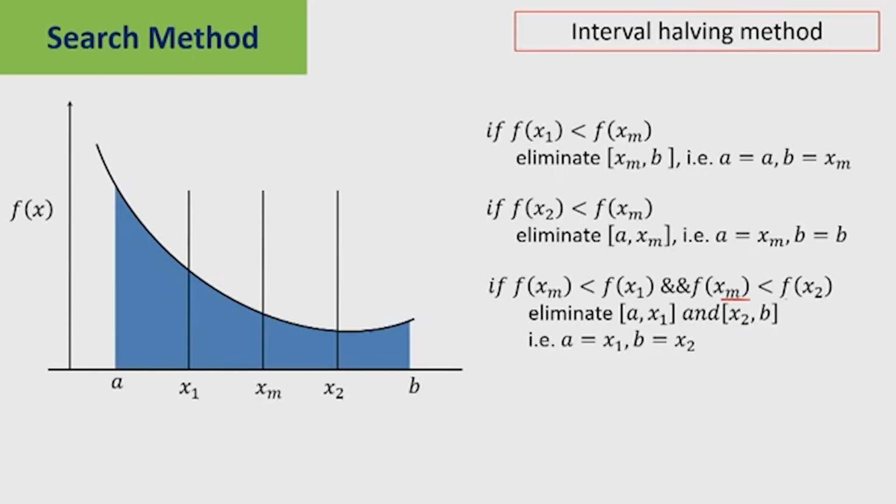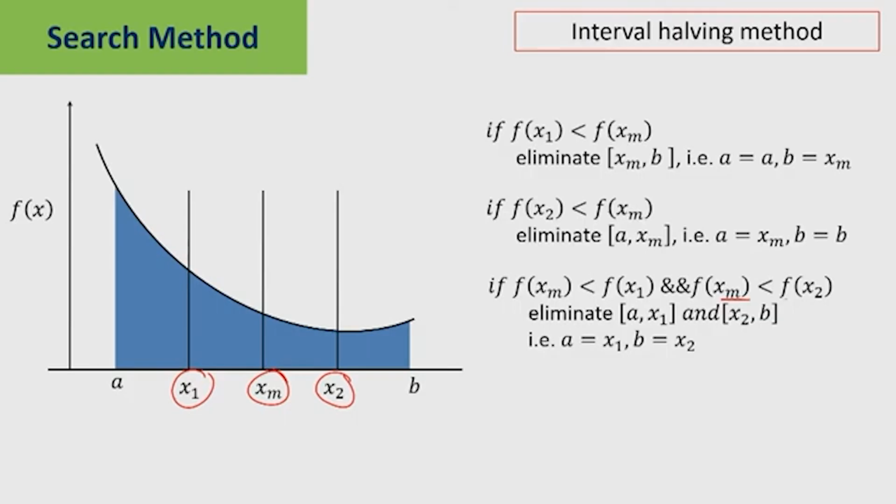As we have explained, we take 3 points and divide this region into 4 equal parts, that means 25, 25, 25, 25 percent. So, x m is the mid, x 1 is the midpoint between a and x m, and x 2 is the midpoint between x m and b. One of these conditions will be true.